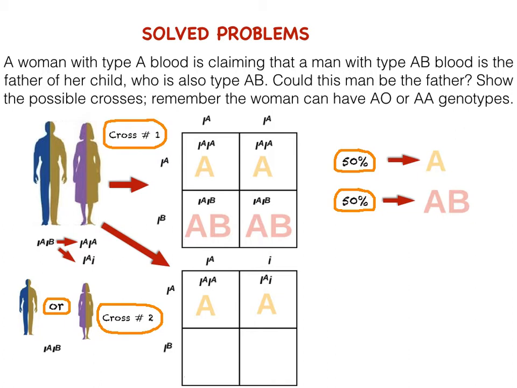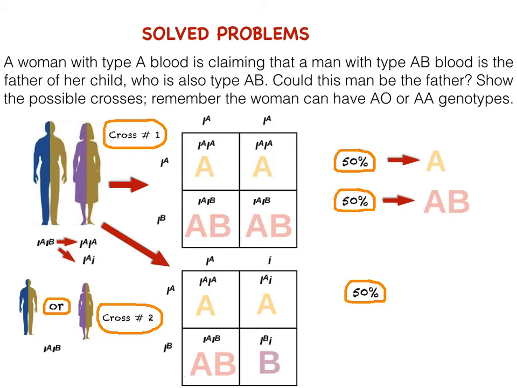But they can also have a child who is heterozygous, and even in this cross you see the IA and IB will combine and they can have a child with AB blood type, and they can also have a child with the B blood type because IB will match with the small i, and since the small i allele, or the type O allele, is recessive, it will give rise to the B blood type.